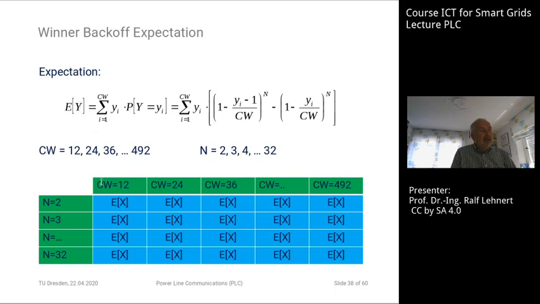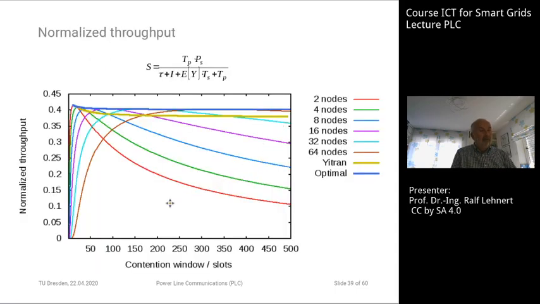That means we calculate for the number of active transmitters, and for certain contention window sizes we can calculate this expectation with this formula. And if we normalize this on the throughput, then we can see what is possible.